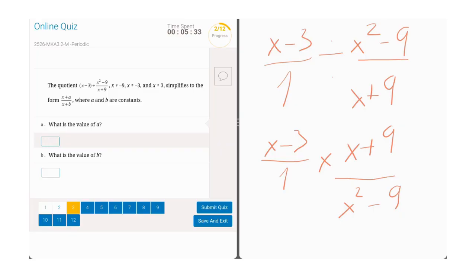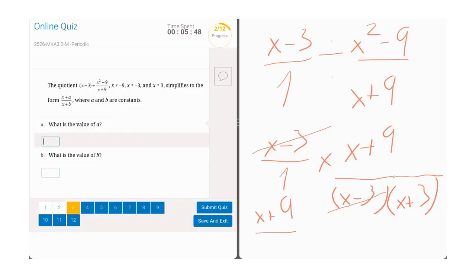We can change it into x minus 3 into x plus 3 because it's a difference of two squares. And then we can cancel out x minus 3 with x minus 3 to be left with x plus 9 over x plus 3. Here they ask for a and b again, and we have x plus 9 over x plus 3. So a will be 9 and b will be 3.